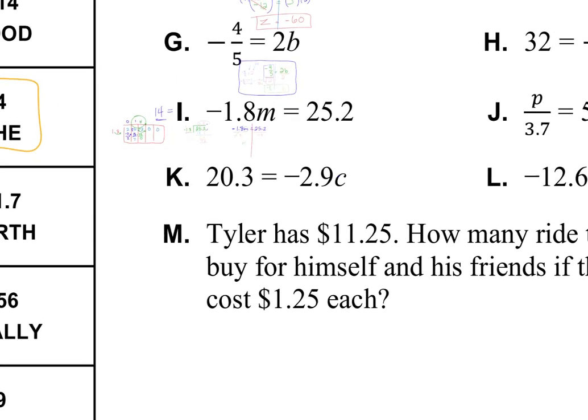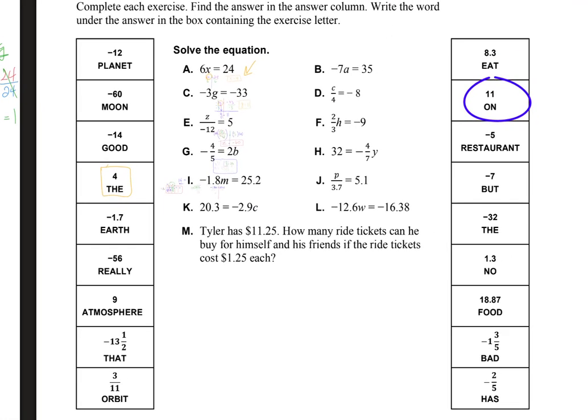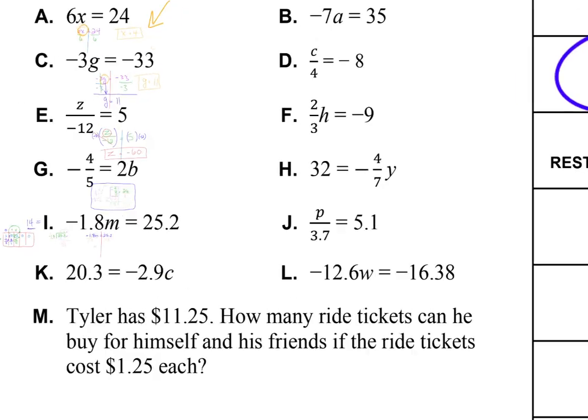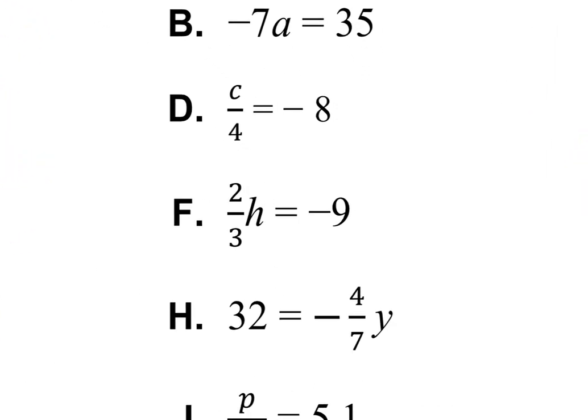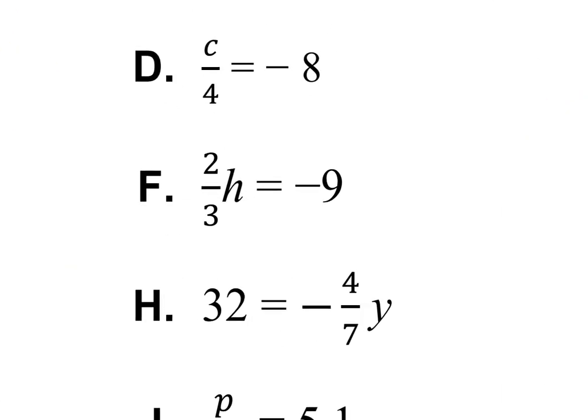All right. I'm going to skip K. Really, I think you've got it from here. The one thing I could do is F, to remind you that you could divide this by 2/3. But do you know what happens when you divide by 2/3?